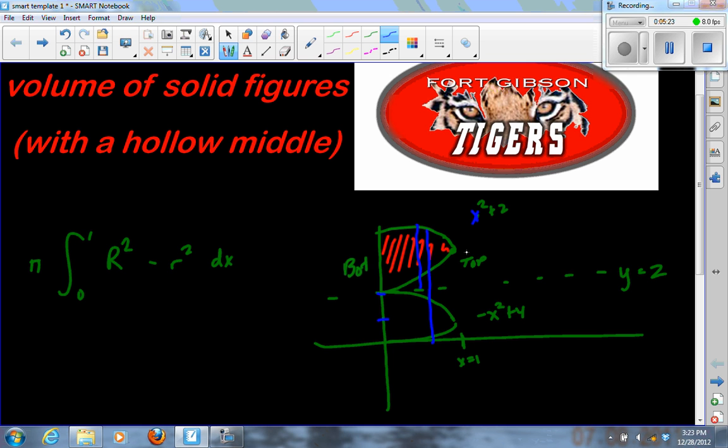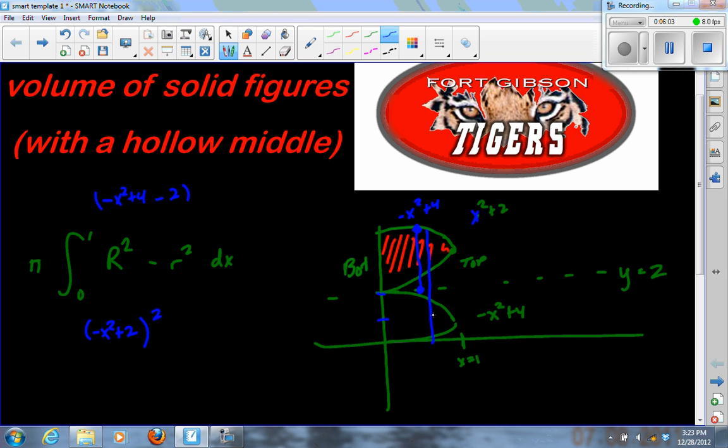Sorry, this is negative x squared plus 4, what we're looking at up here. It's not from here to here, which is negative x squared plus 4. It's only from here to here. So that's negative x squared plus 2. It's the distance from the axis of revolution to the edge of the biggest, farthest away radius. So this radius right here is negative x squared plus 4. Take away this part down here.